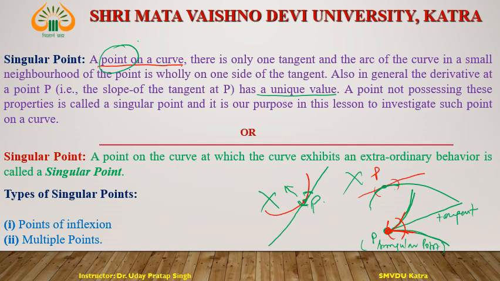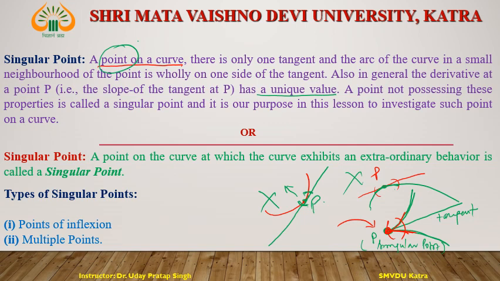It means it shows multiple behavior at the point P, and a point where the curve shows multiple behavior is known as a singular point.